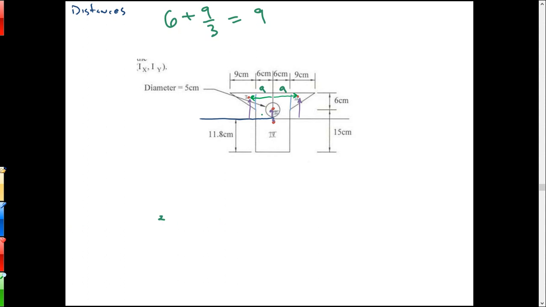For those triangles, I've got a total of 21. That's the total height of that object. But I'm at 11.8 high already, so I'll subtract that off. That'll get me that height right there. And then I come back by 1/3 of 6. There might be different ways you can calculate this, but don't just throw a number at it. Look at it and prove to yourself that you're doing the right thing there. And that'll be 7.2.